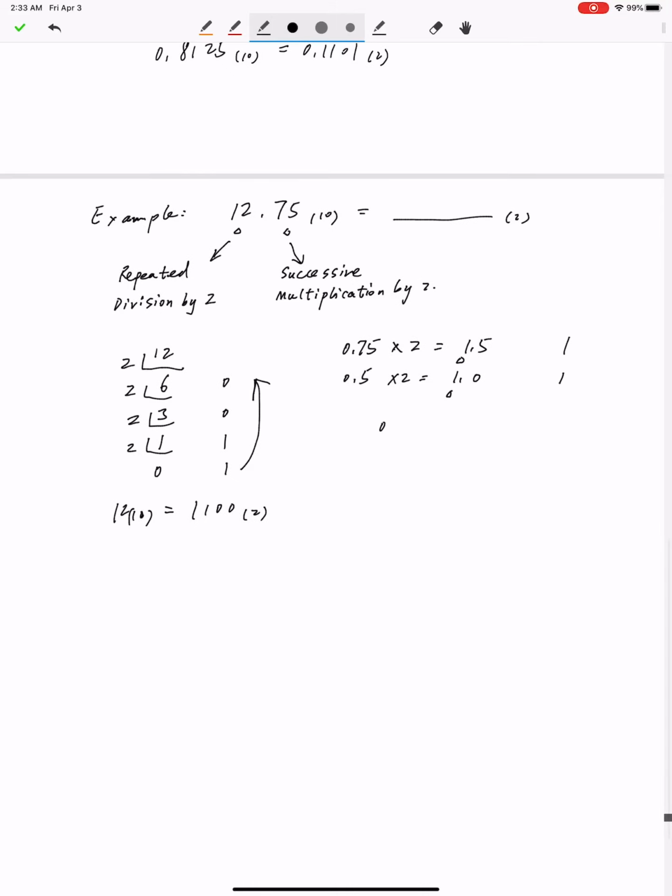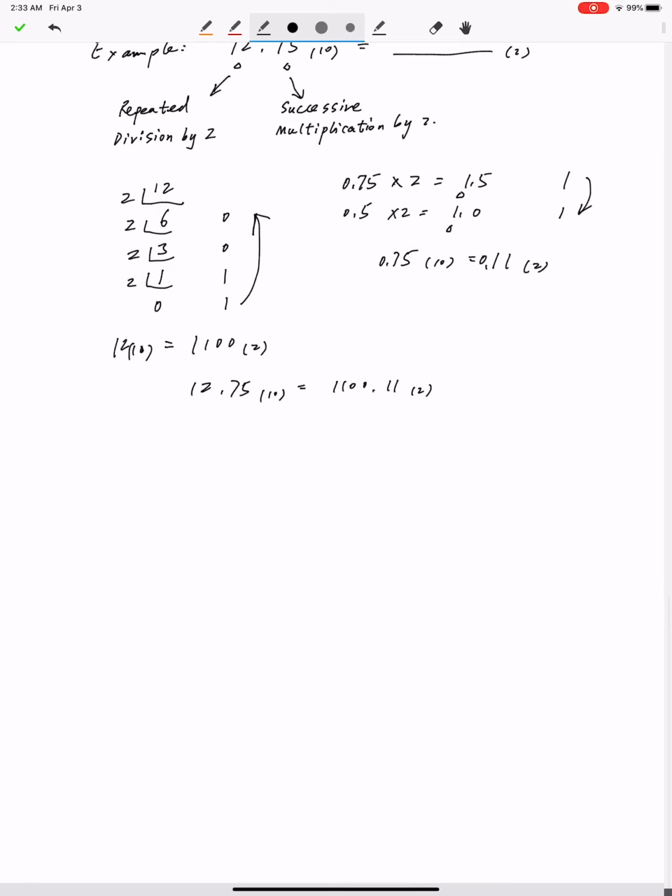So 0.75 is equivalent to, from top to bottom here, 0.11 as a binary fraction number. And after we finish these two parts, we can combine them together to find the final result. So 12.75 as a decimal number is equivalent to 1100.11 as a binary number, right?